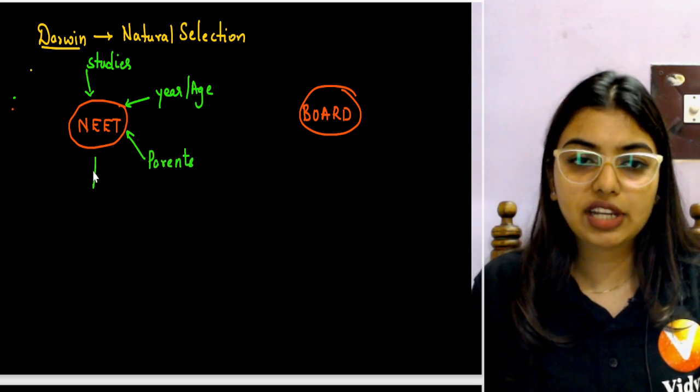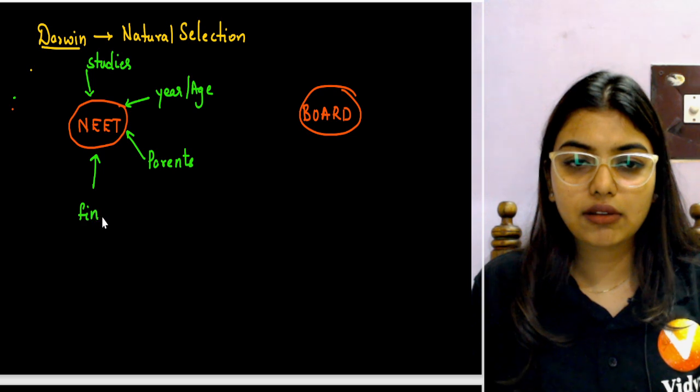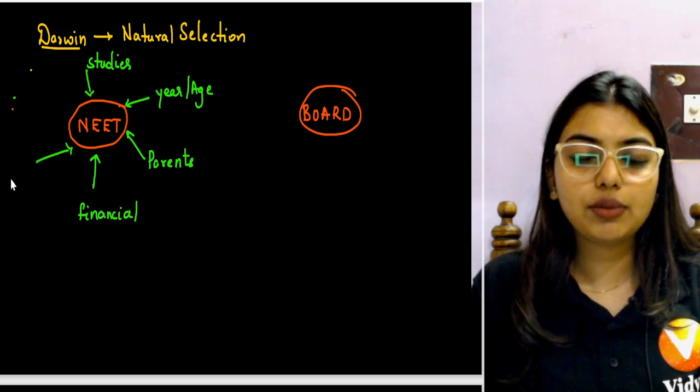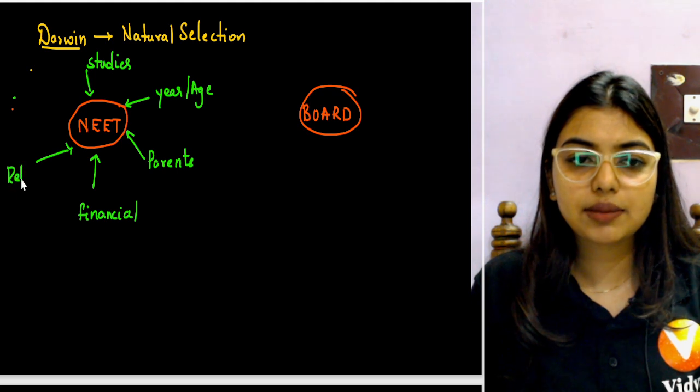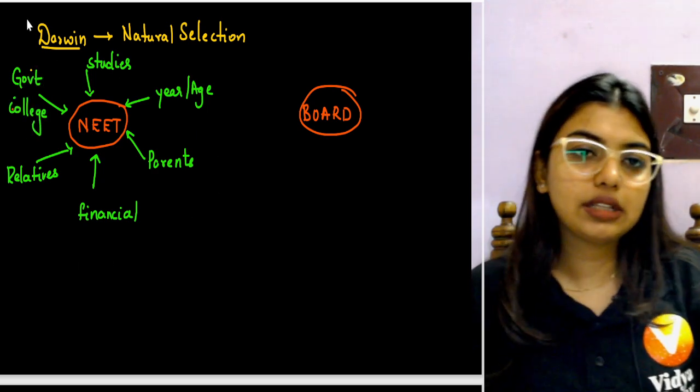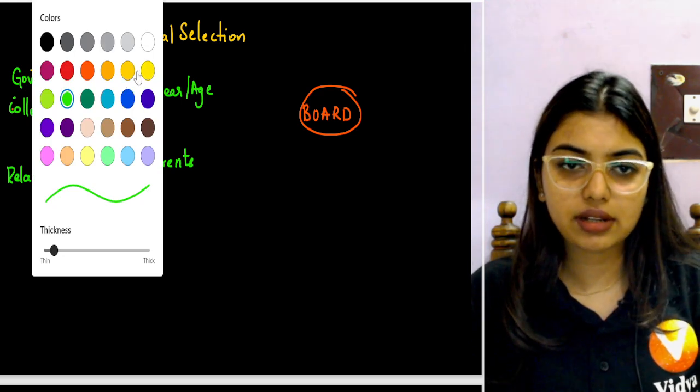Maybe there could be financial constraints, problems from relatives, issues with government college, the number of seats in government colleges. These are one scenario. Let's go for boards as well.